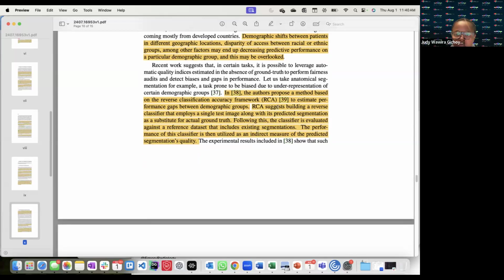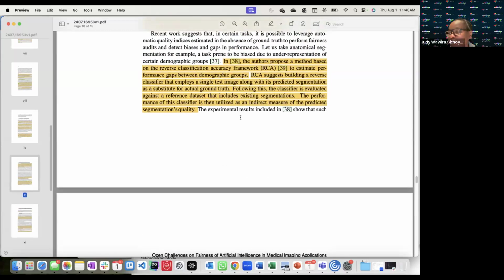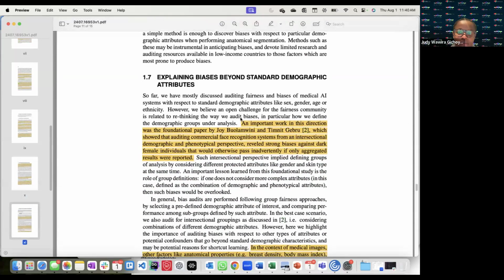RCA suggests building a reverse classifier that employs a single test image along with its predicted segmentation as a substitute for the actual ground truth. Then the classifier is evaluated against a reference data set that includes existing segmentation. The performance is then utilized as an indirect measure of the predicted segmentation quality. I'm unfortunately unable to explain that further because I haven't read that paper.